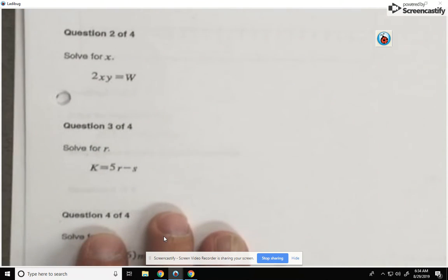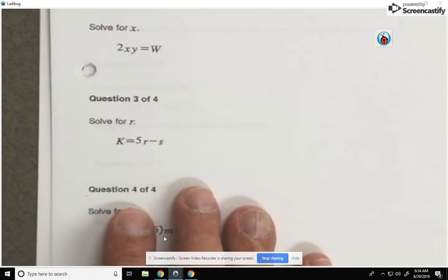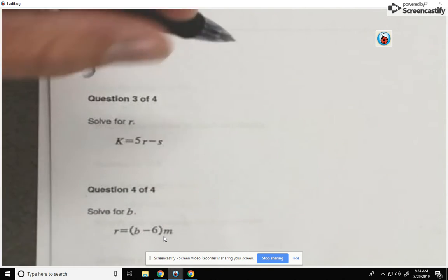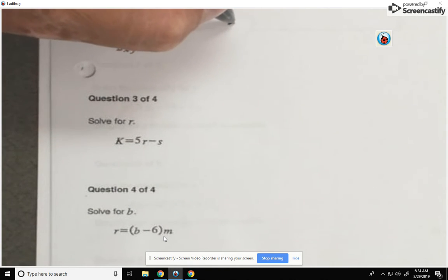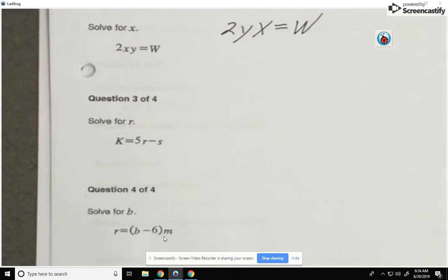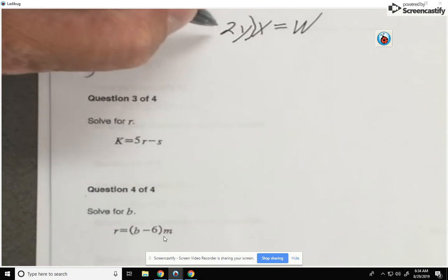Alright, so question 2, we're given 2xy equals w. We're asked to solve for x. So the first thing I'm going to do is rearrange this to be 2yx equals w. And so I can group my 2y as one piece.